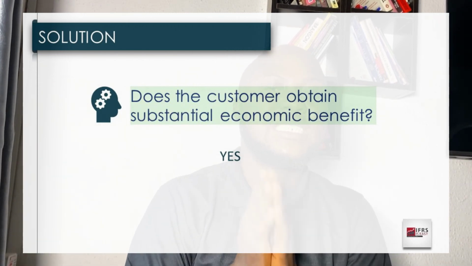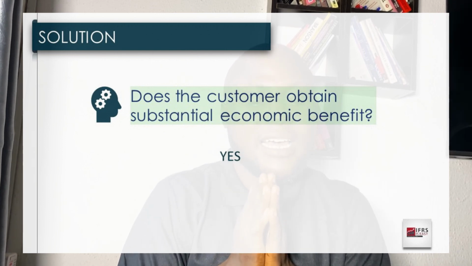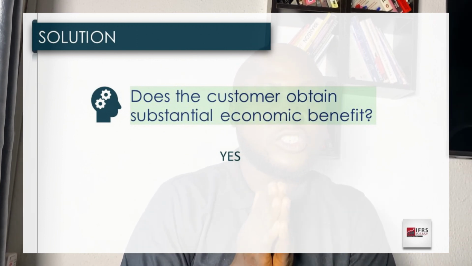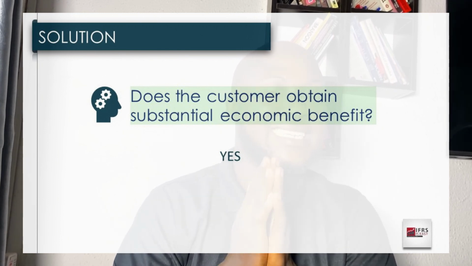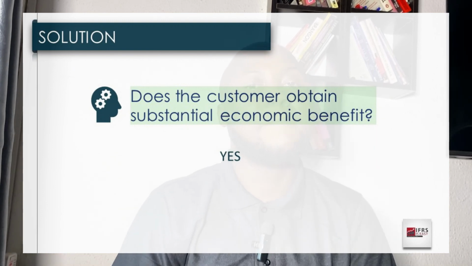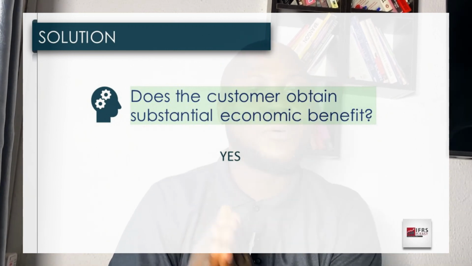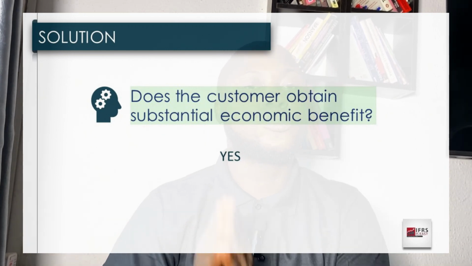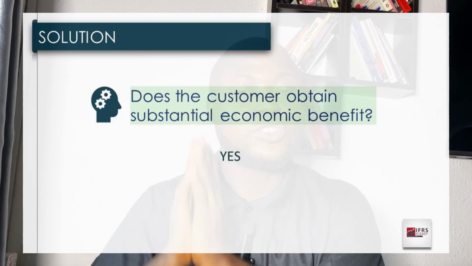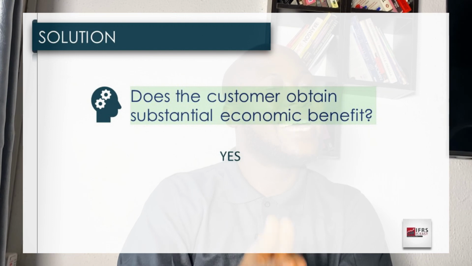Because Mary receives all cash flows, Mary has the right to receive substantially all economic benefits generated as a result of the retail outlet sales. It is different from a situation where Mary receives only a portion, and the other portion goes directly to the landlord or to the operator. But because this is not the case here, we can say that Mary has a lease.